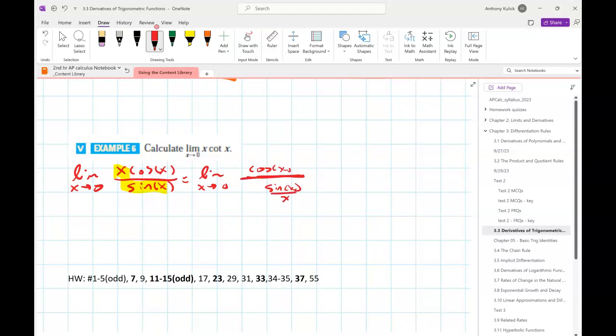I'm going to write it like a complex fraction, because when I divide two fractions, I multiply by the reciprocal, right? Sneaky.